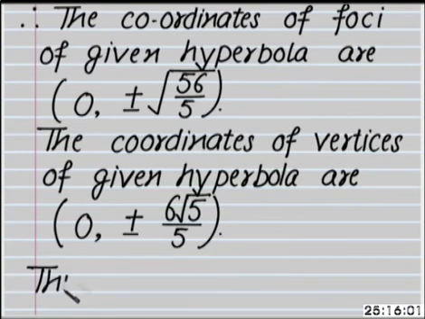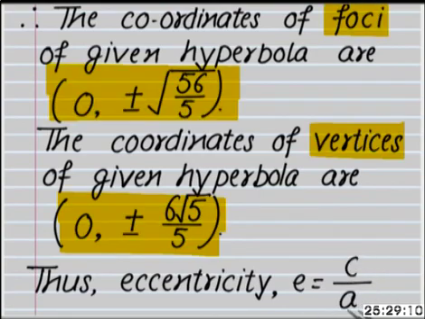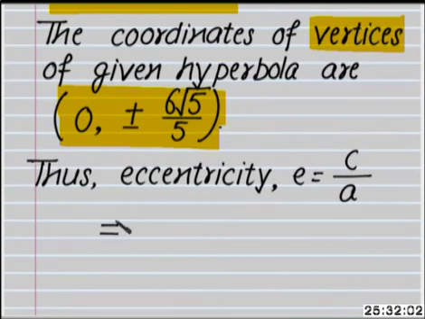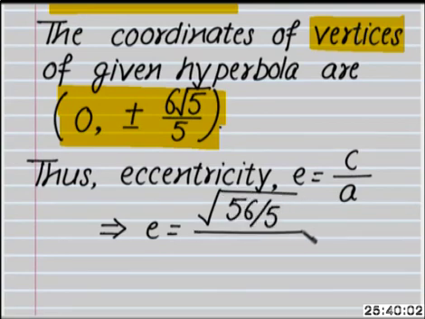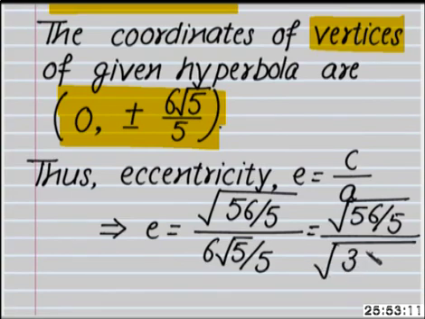Thus, eccentricity e, which is equal to c upon a, will be equal to root 56 upon 5 whole upon 6 into root 5 upon 5, that can be written as root 56 upon 5 upon root 36 upon 5.